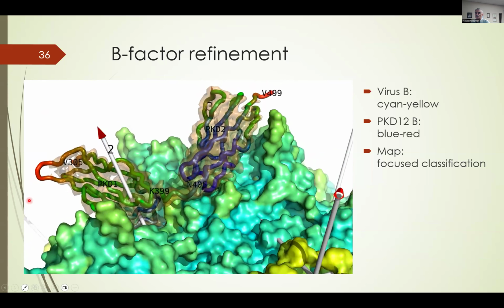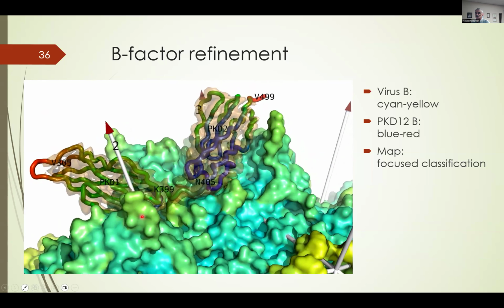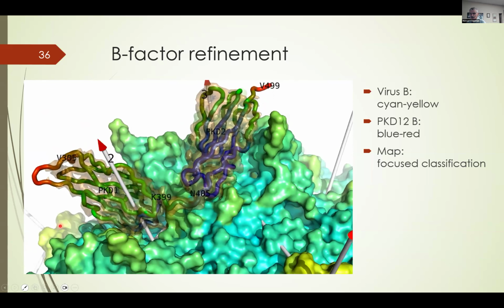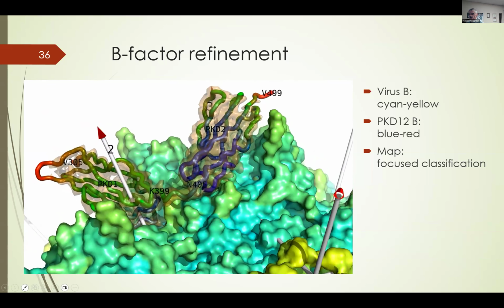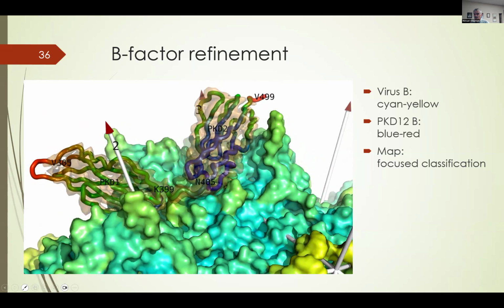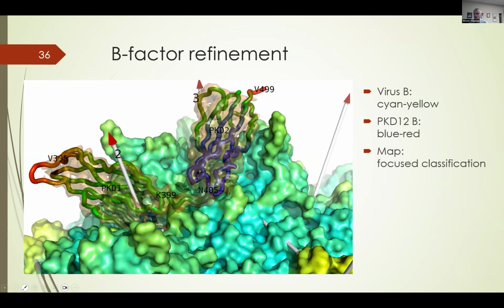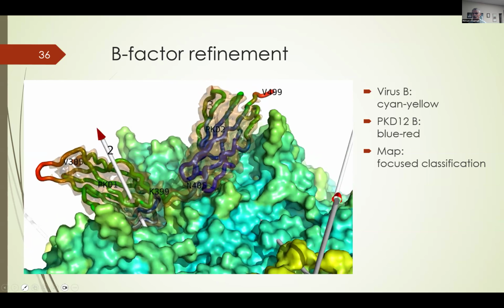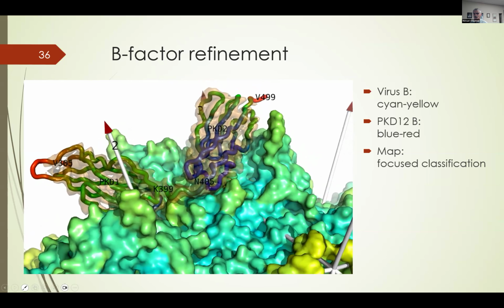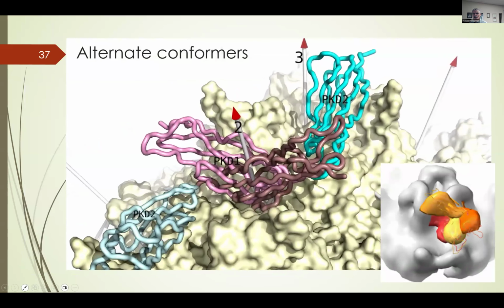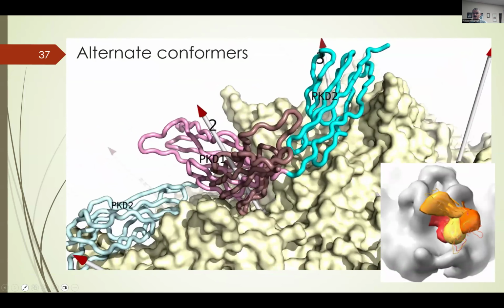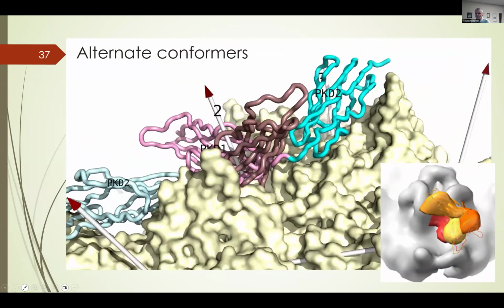You can see here we've got no interaction with the virus, and so we're assuming that, again, this is pivoting around a bit. So, I think these are the sorts of things that you can learn with density functions that allow you to refine individual B factors.